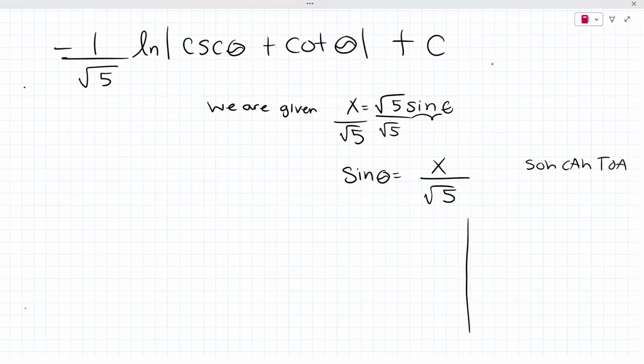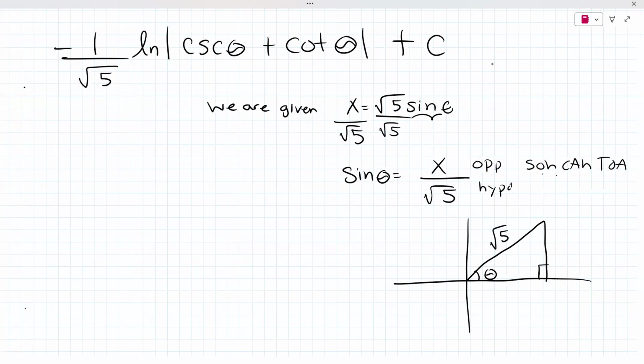So if you draw your triangle, let's pretend here's theta, and we have sine theta, which is opposite over hypotenuse, so this x is your opposite, and this radical 5 is your hypotenuse. And then here's theta.